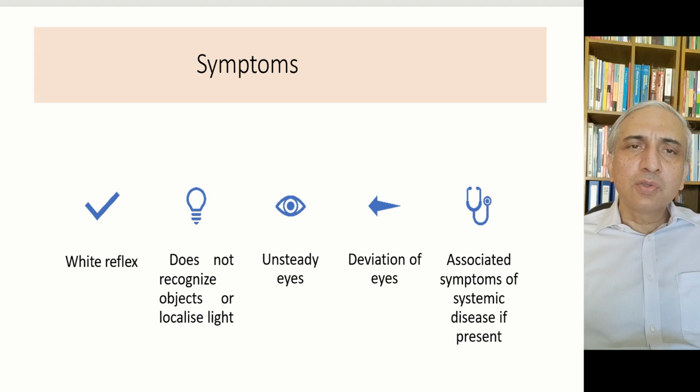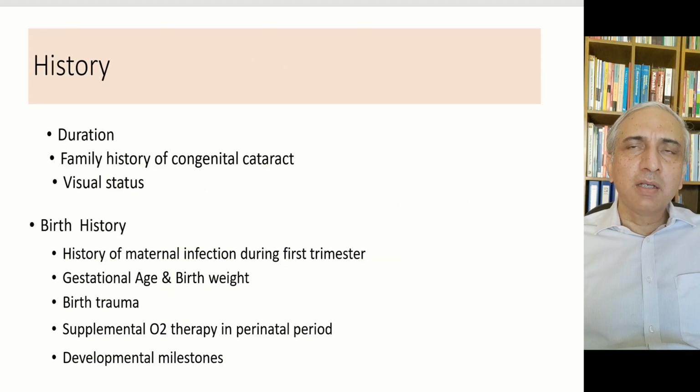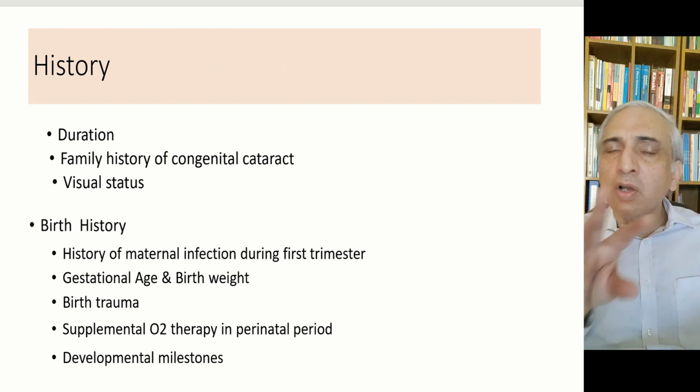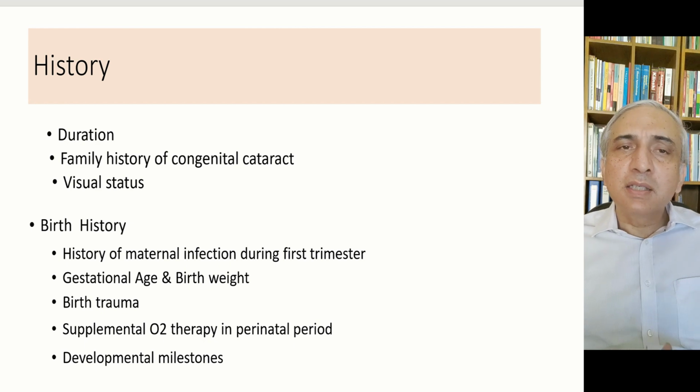In history, you go through the history generally of the cataract. It can be the duration, family history if it runs in the families, and then the visual status, how he's been behaving. Usually they come in saying the child is not following light, he listens, but he cannot recognize people's faces. Usually what people look for is that when they talk to the child, he reacts and moves his eyes with them.